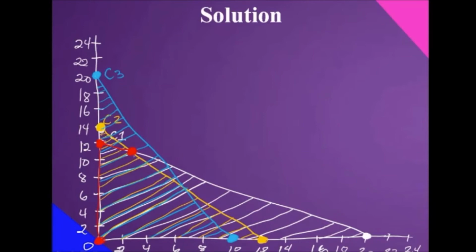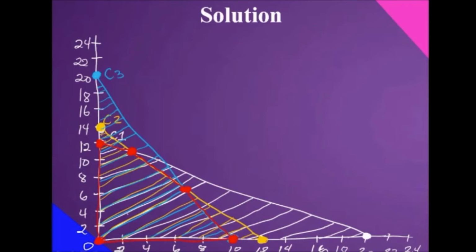Tapos, ito, sa ibabaw ng orange. And, of course, ito, intersection ng blue and orange. At, ito, pababa na tayo. Dito sa point ng 10 and 0 ay blue. Tapos, papunta dito kay 0.